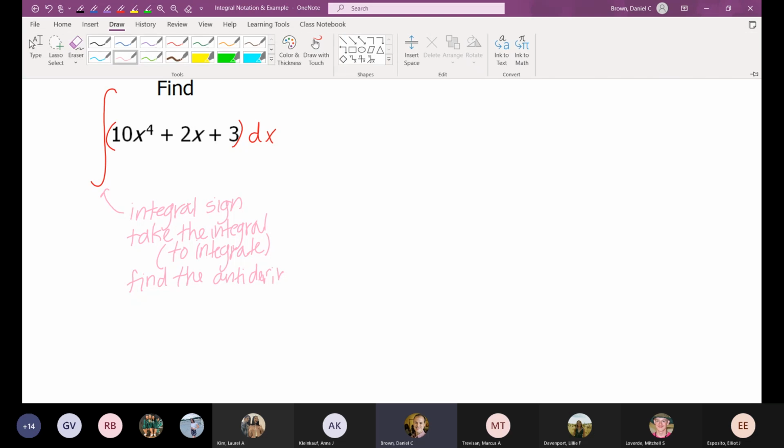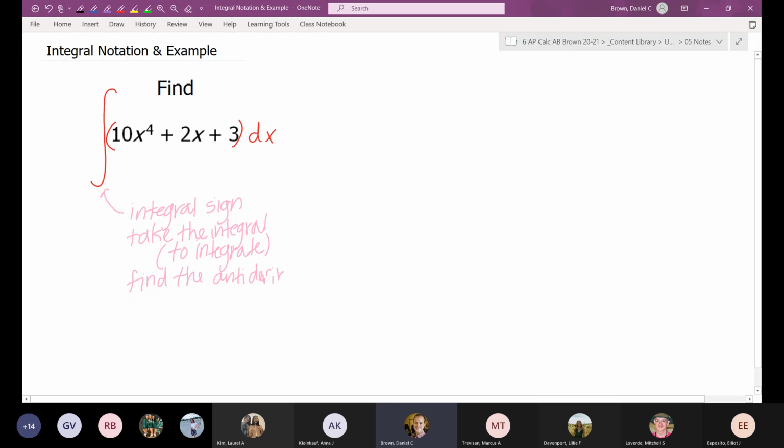The part you see in the middle, this is what we're actually taking the integral of. It does have a proper name called the integrand. So it's going to be like a function or an expression that you are going to find the antiderivative of. And then this last thing at the end is not too important for us, but it does have to show up. Its proper technical term is called a differential.